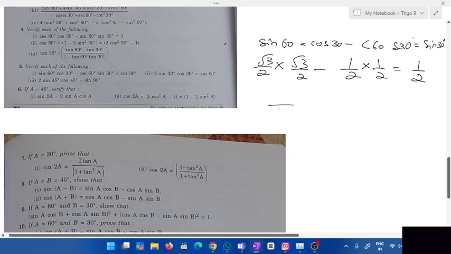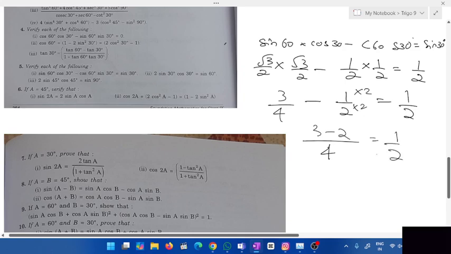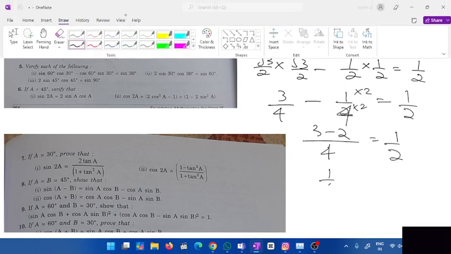Try this, complete it, students. 3 by 4 minus 1 by 4. Okay, anyways, I have done 3 minus 2 is 1 by... Okay, we have gone wrong here. It should be 1 by 4.